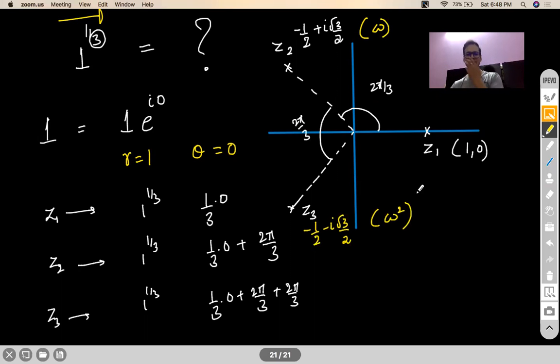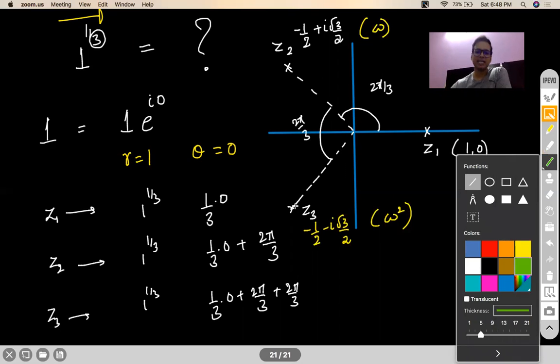Now, why is it called omega square? I'll discuss that, but first note this down. And again, if you connect these roots, they will give you an equilateral triangle, same as what we obtained for the previous case also.